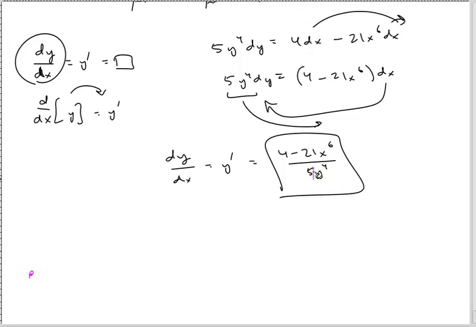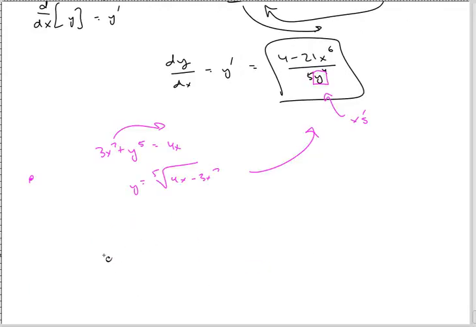So they don't like this y. They want to replace it with x's. And I only know of my original equation, so I need to get y by itself. When I move this over, I'm going to fifth root it all. And I can plug that in now.